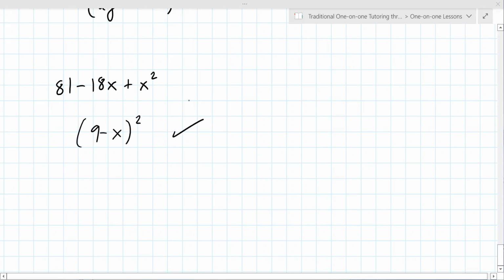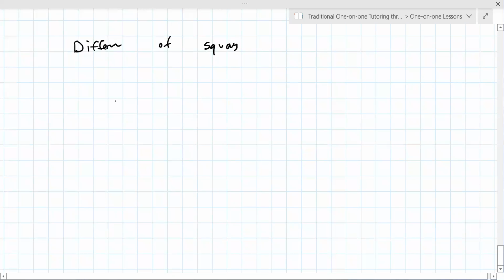Did you cover difference of squares in class? I think so. Okay, so that would be something like this, x squared minus 16. This has the form of a squared minus b squared, and it always factors into a minus b times a plus b.